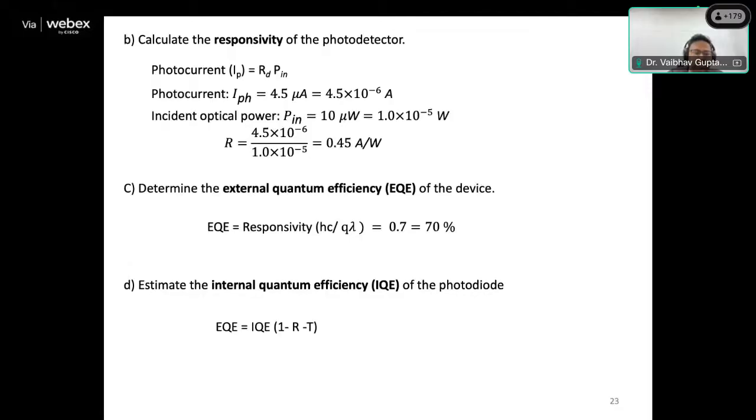So we can calculate with the EQE, which we know from the previous calculation, right? So we can also solve for this. And finally, we have a detector which has internal quantum efficiency roughly equal to 100%. So the internal quantum efficiency can go to 100%, but the external quantum efficiency practically will not go to 100%.